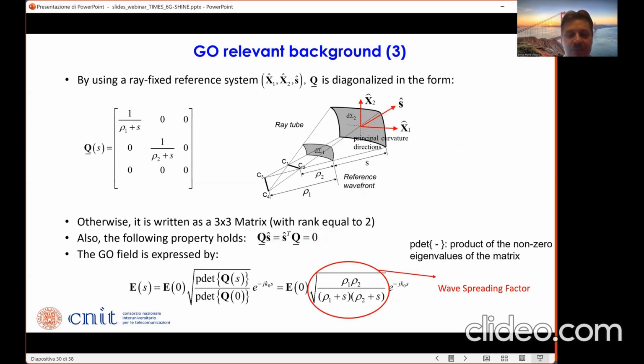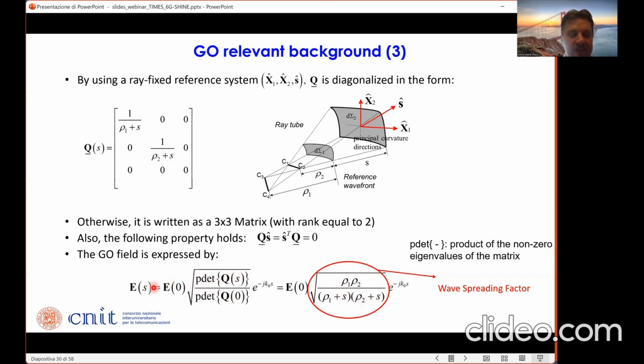And finally, I want to recall that since the non-zero eigenvalues of this matrix are the reciprocal of the curvature radii of the wave, we can express the spreading factor of the electromagnetic wave according to this form.